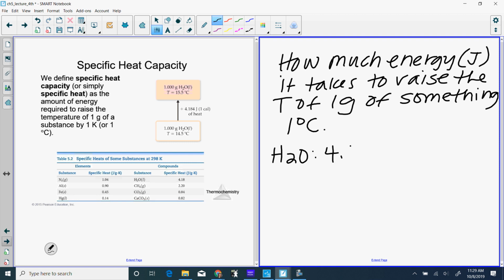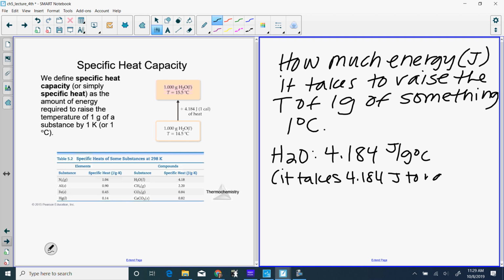Water has a very high specific heat at 4.184 joules per gram degrees Celsius. Like way higher than most things. Just in a sentence, that means it takes 4.184 joules to raise a milliliter, a gram, up 1 degree Celsius.